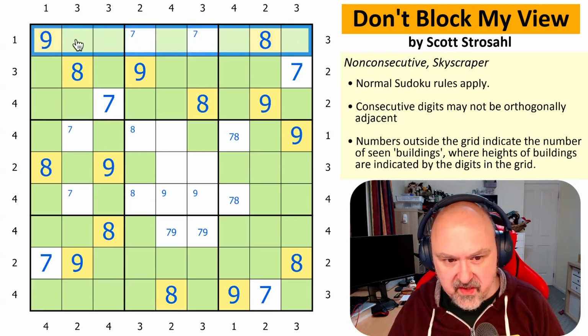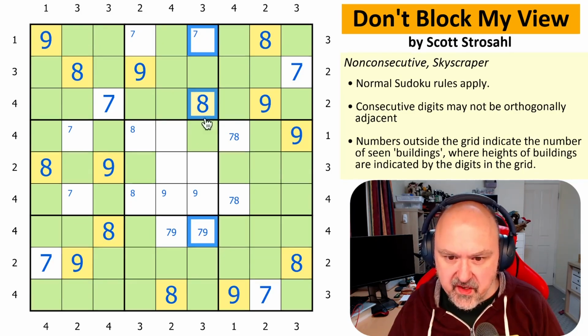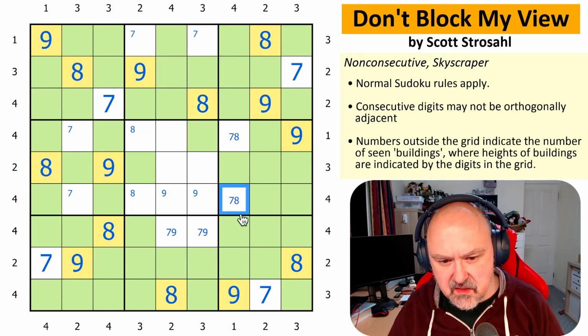And this clue is fine, it's done. And this clue is fine, it's done. That could be a 7 there, no problem. If this is 7, 8, 9, that would be fine. Now, if that's an 8, yeah, that works.